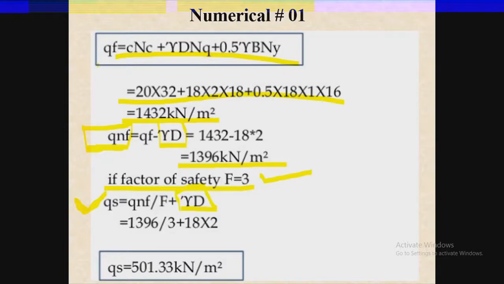Now if we are dealing with gross, we will take into account the surcharge pressure or the overburden pressure as well. So gamma is 18, depth of foundation is 2. The gross allowable bearing capacity of the foundation in this case will be equal to 501.33 kN/m².